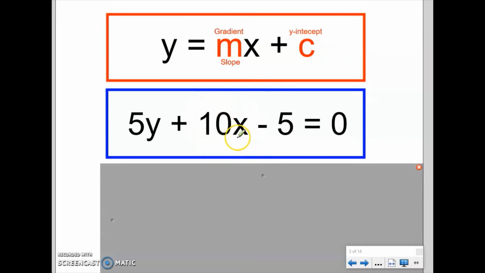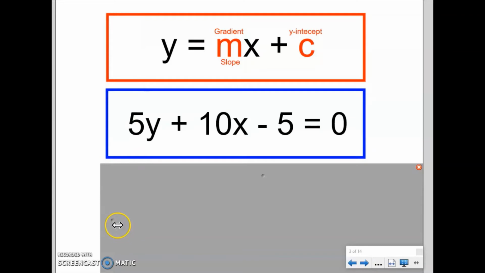Then I'm going to take this plus 2x, I'm going to subtract 2x from this side, and at the same time subtracting 2x from this side. I'm going to add 1 to this side, at the same time I'm going to add 1 to this side. Remember, I'm talking about a 2x and a 1 because I'm talking about after I've divided everything by 5.